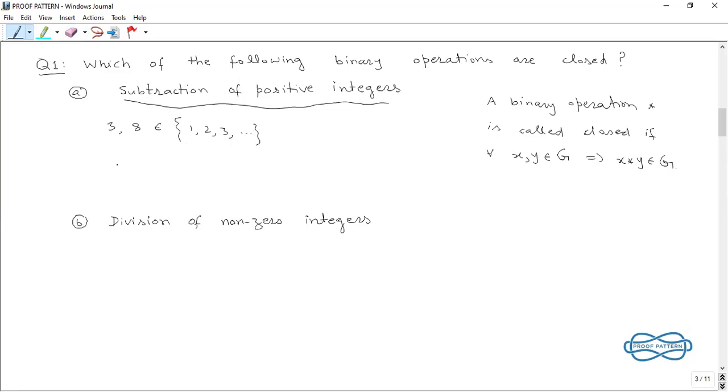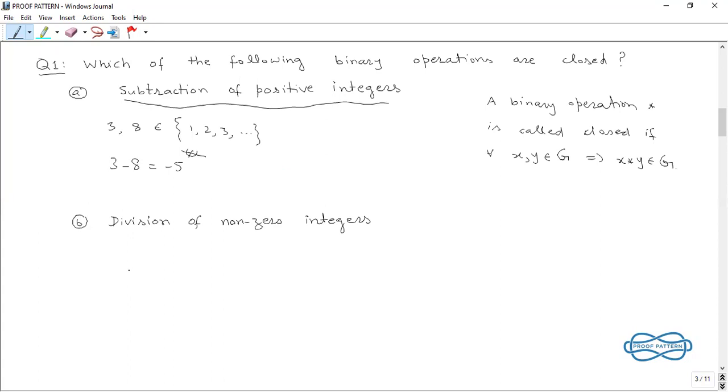If we take 3 minus 8, because here the binary operation is subtraction, we get minus 5, which does not belong to this set. So for the positive integers, subtraction is not closed.